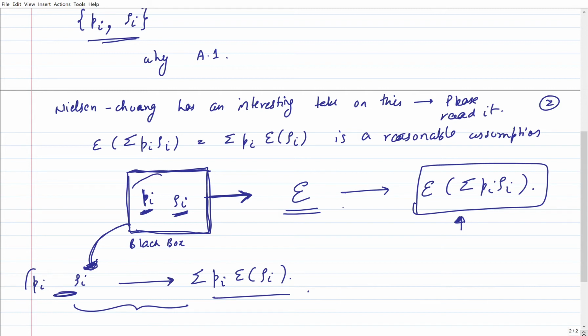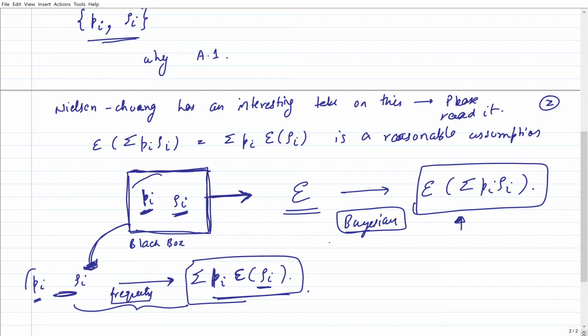So this is sort of a Bayesian interpretation, I would say, and this is a frequentist interpretation, that I'm doing this many times. I flip a coin, I give you rho i, I flip a coin again, I give you rho i with some p_i, and because I am giving you an input rho i, this is the quantum operation acting on it.